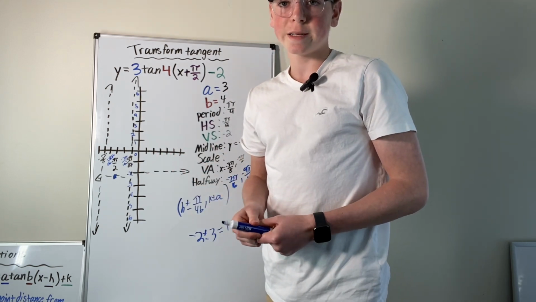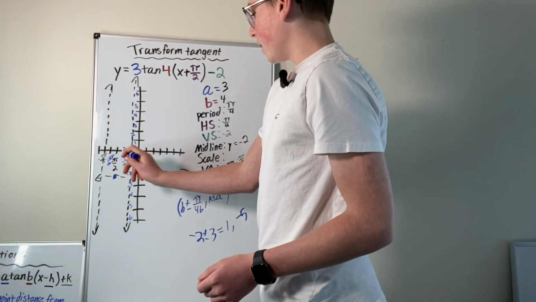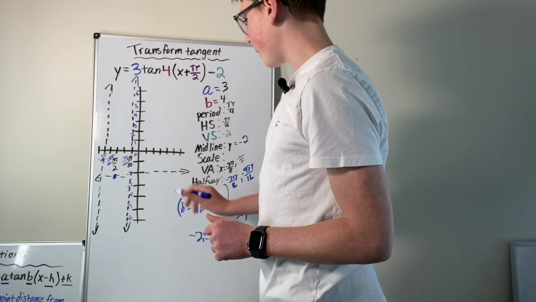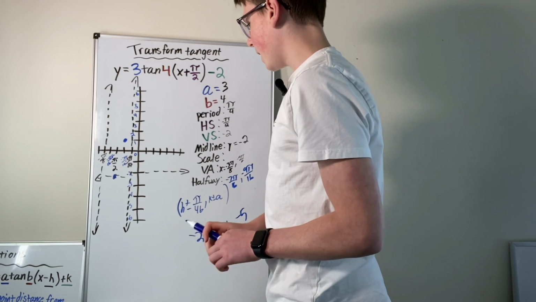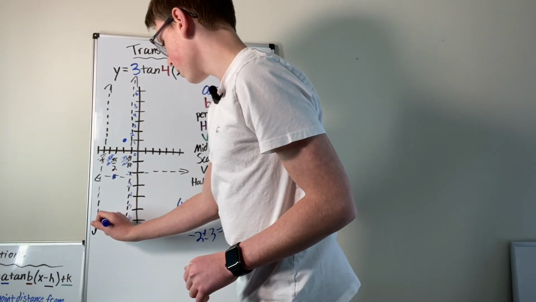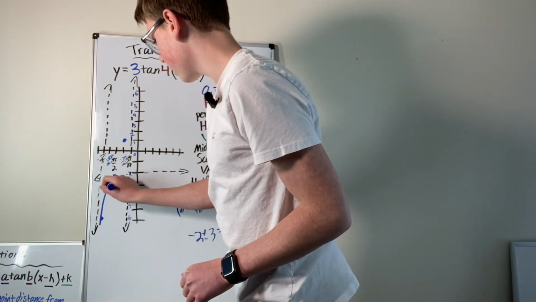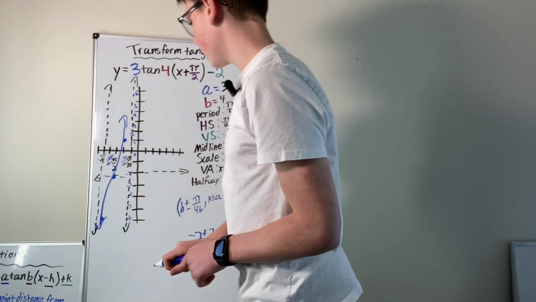There are ways to check this, but we don't have to check it. So at negative 7 pi over 16, we're going up to 1. And then at negative 9 pi over 16, we're going down to negative 5. And then we have our graph. Looks a little bad.